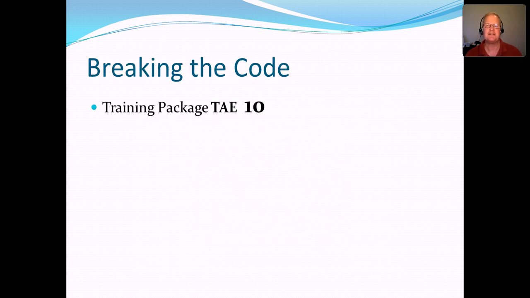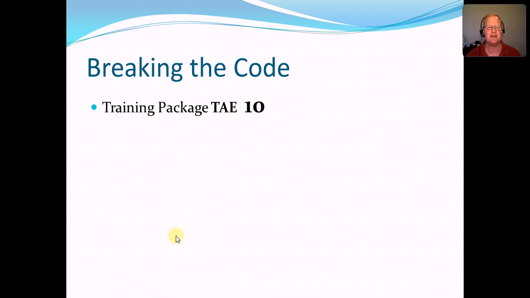Moving down, you're going to see in relation to the training packages, each has its own unique code, and to be able to work with the training packages, you need to understand the codes that represent them. Here you're seeing a simple activity called breaking the code. A training package code here, as we've talked about, is TAE10, the Training and Education Training Package 10.